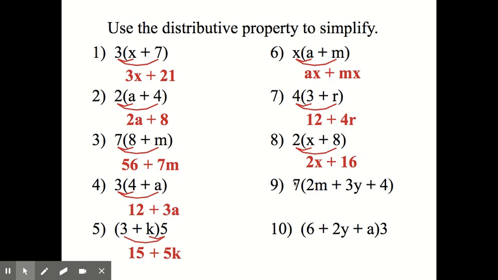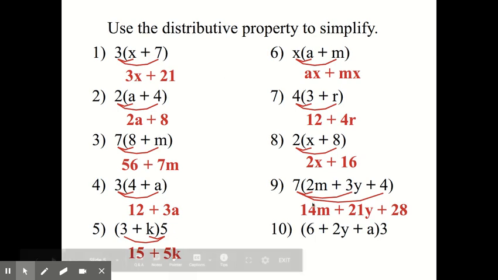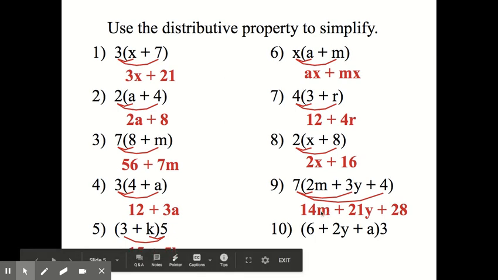We're going to distribute the 7 to each of the terms. 7 to the 2m, 7 to the 3y, and 7 to the 4, which gives us 14m plus 21y plus 28. 7 times 2 is 14. The m doesn't change, so that just stays there. 7 times 3 is 21. The y doesn't change because there's nothing to affect it, so that just stays 21y.